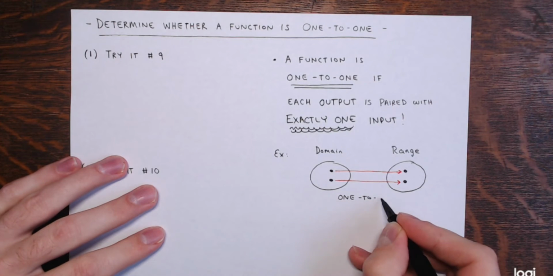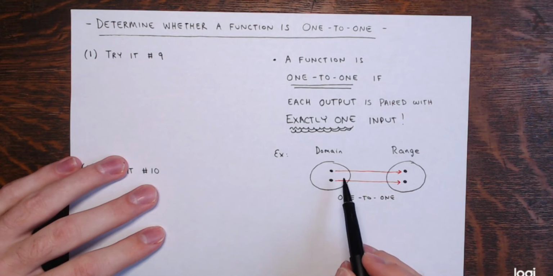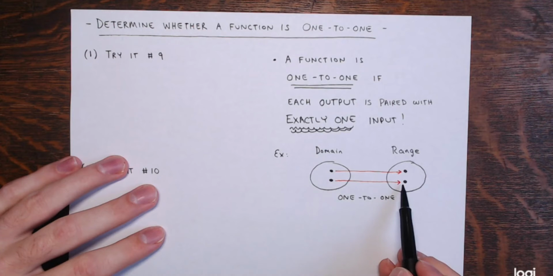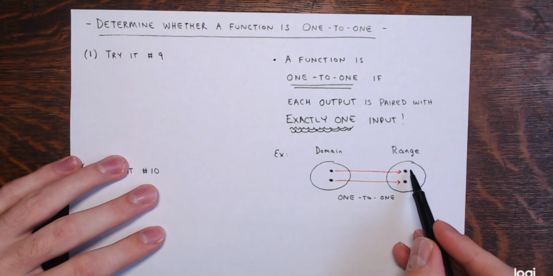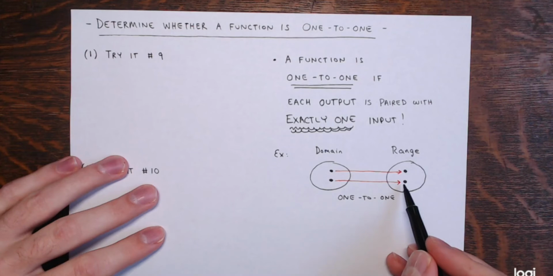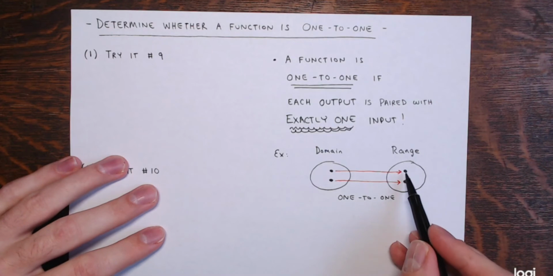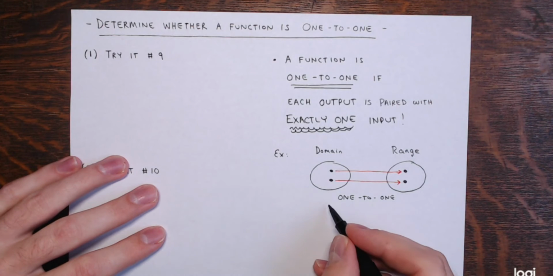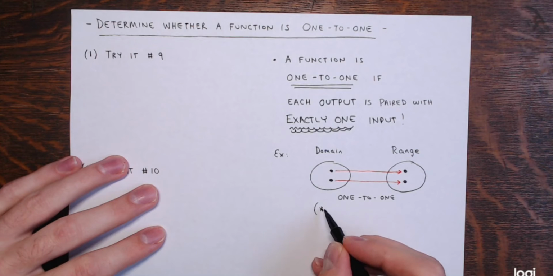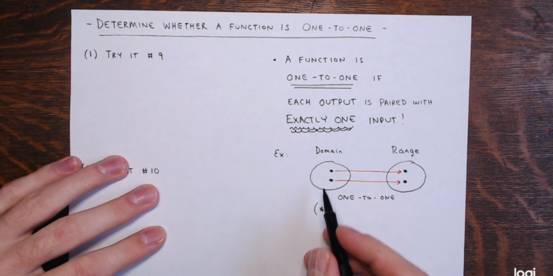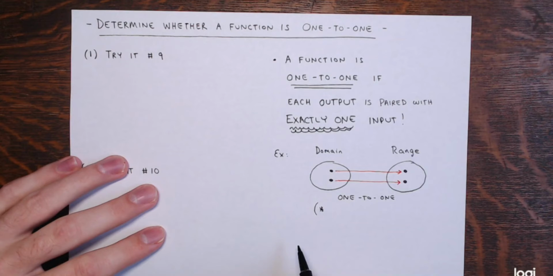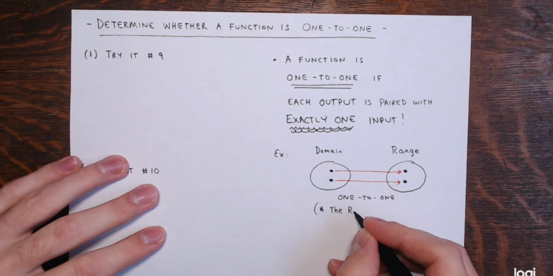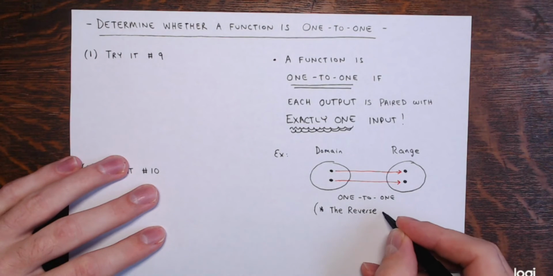This would be an example of a one-to-one function. First off, it's a function. Every domain element has just one arrow coming off of it. But it's also one-to-one because every range element only has one arrow going into it. There's no range element with more than one arrow going into it. Another thing about one-to-one that you could say is if you were to reverse the mapping, it would still be a function.